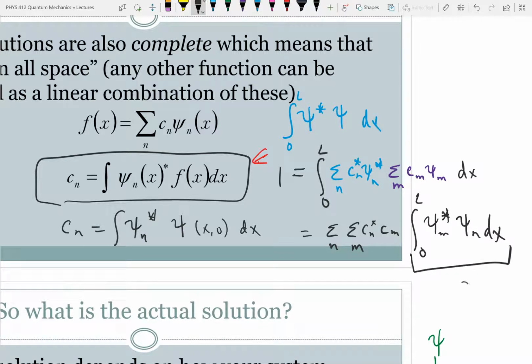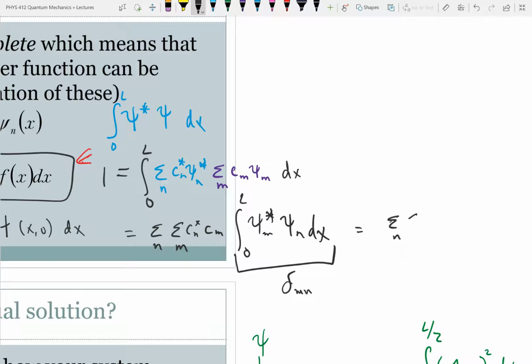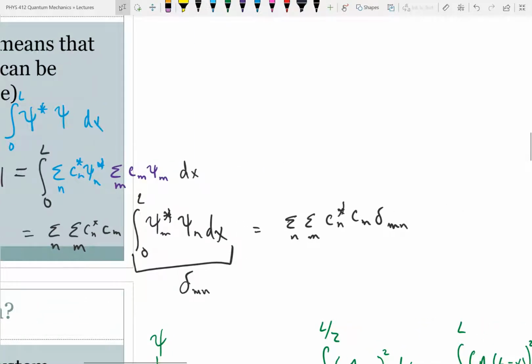This here has to be equal to that Kronecker delta mn. And since that Kronecker delta mn is there, I can collapse one of those summations because I have to have m equals n, otherwise it's 0. And so that's equal to the sum over n of c sub n mod squared. And so the sum of those mod squareds has to be 1 because of our normalization.